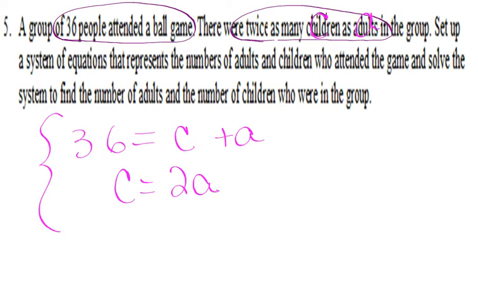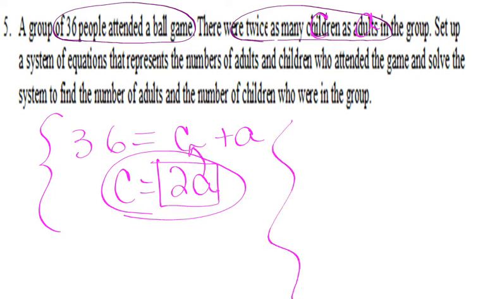Okay? So how do we solve this? Well, by substitution. And so we've got already one variable solved for here with c equals 2a. So in the first equation, everywhere we see a c, we're going to replace it with 2a. So let's do that.